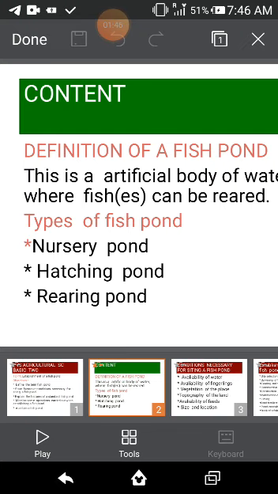The hatchery pond is where the eggs of these fishes are incubated in order for them to hatch. Whereas the rearing fish pond is where we rear fishes till their age of maturity, 6 months. At this period, we can now harvest them for eating.